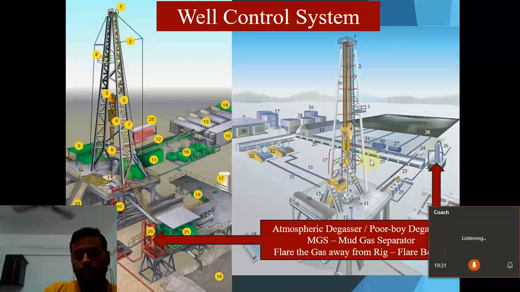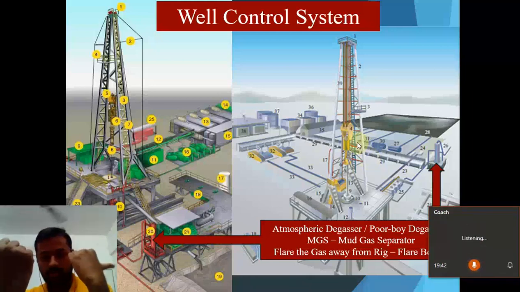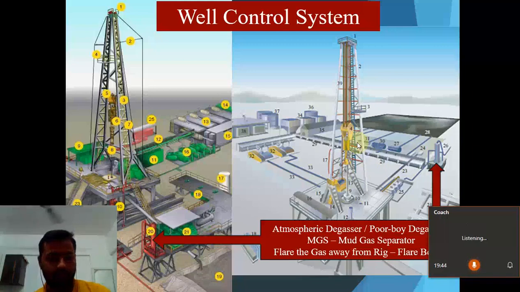On offshore or floating rigs, we use flare booms. There are generally two flare booms in opposing directions based on the wind direction. You burn the gas on one of them so the flame doesn't come to the rig and hurt.